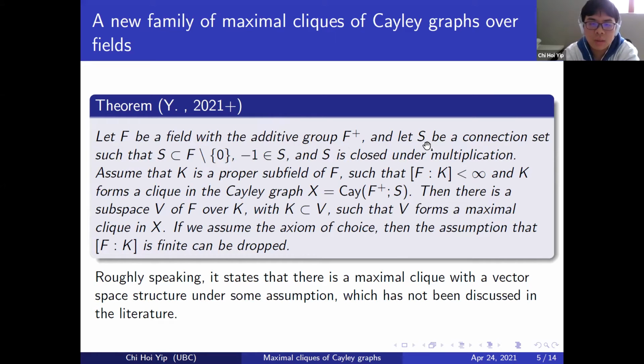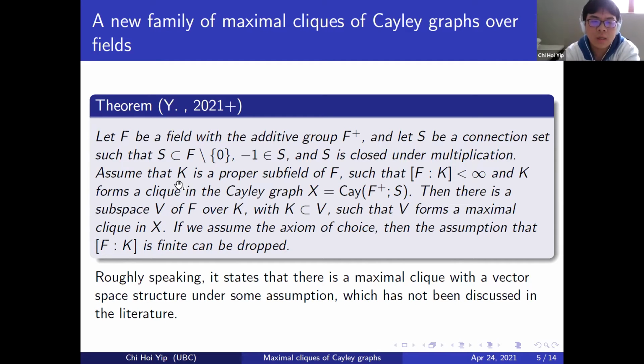We also need to choose the connection set S. S is a subset of F minus 0, and we want -1 to be in S so that S is symmetric. We also want S to be closed under multiplication. Then the Cayley graph we consider is the Cayley graph defined on the additive group F^+ with the connection set S.